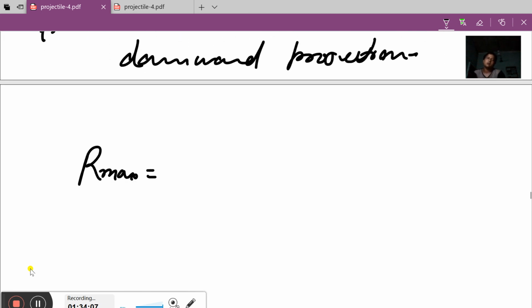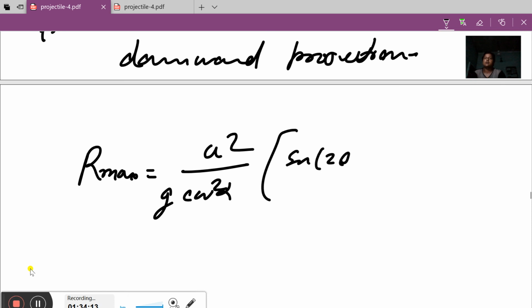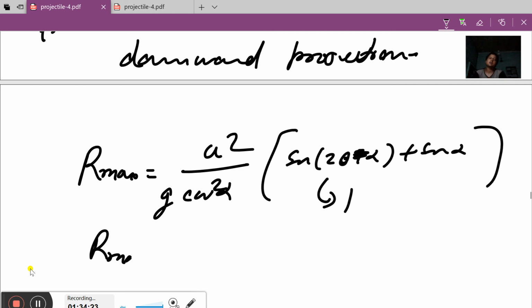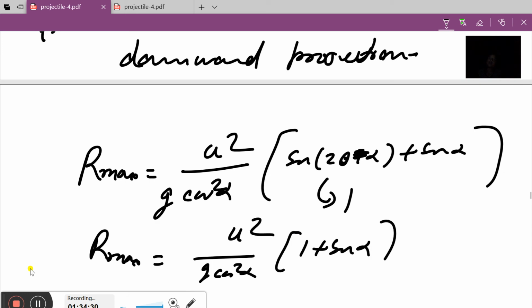R maxima equals u square over g cos square alpha into sin 2 theta minus alpha plus sin alpha. So this sine is 1. R maxima is u square over g cos square alpha into 1 plus sin alpha.